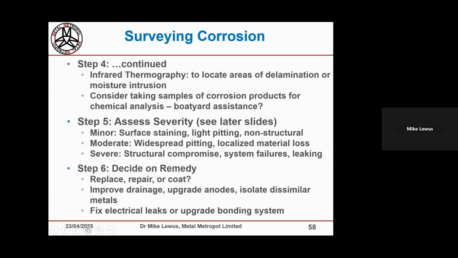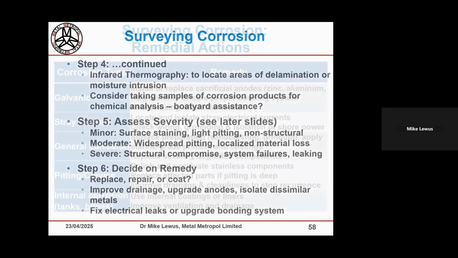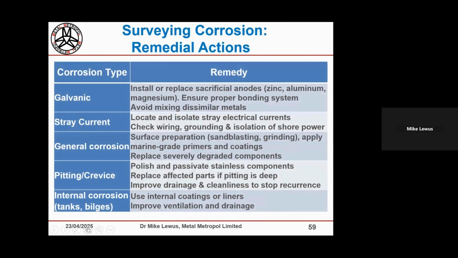So, how do we repair something? Is it just through paints or reconditioning a surface and applying paints, or is it actually changing the electrical system, upgrading that, or just out and out changing parts, whether they're expensive or not?